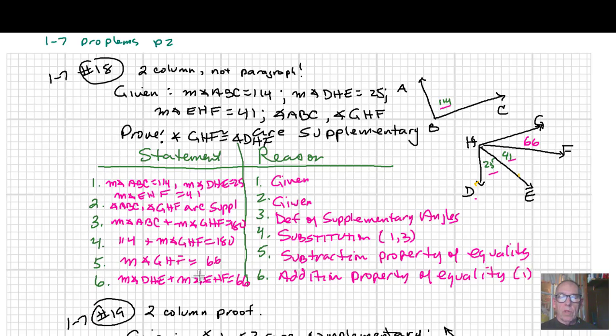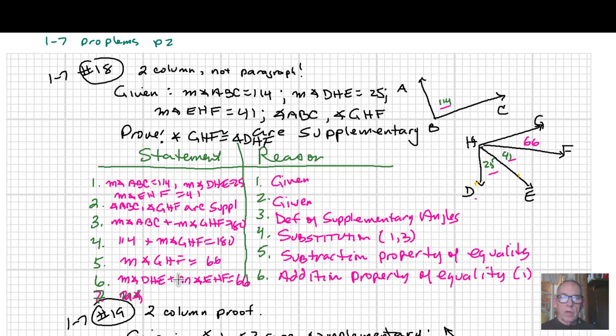We've shown that now this DHE and EHF by angle addition makes angle DHF. So step 7, measure, change colors.